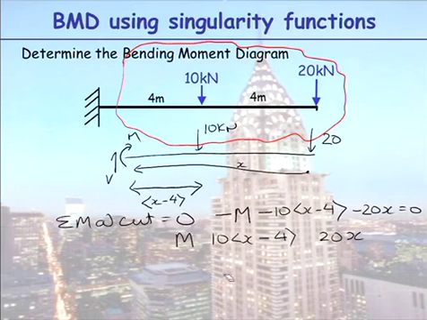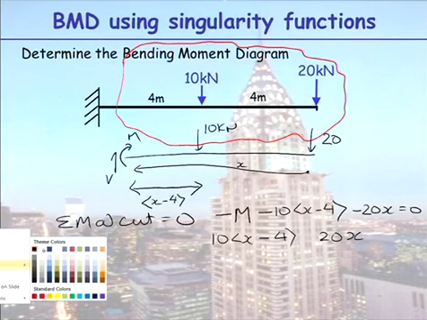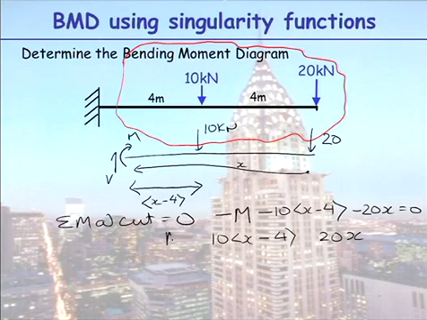So, M is equal to minus, minus. And why is it minus? I have a cantilever. Which side is in tension, the top or the bottom? The top. My bending moment has to be drawn above, and above is negative. Here's my expression for my bending moment.